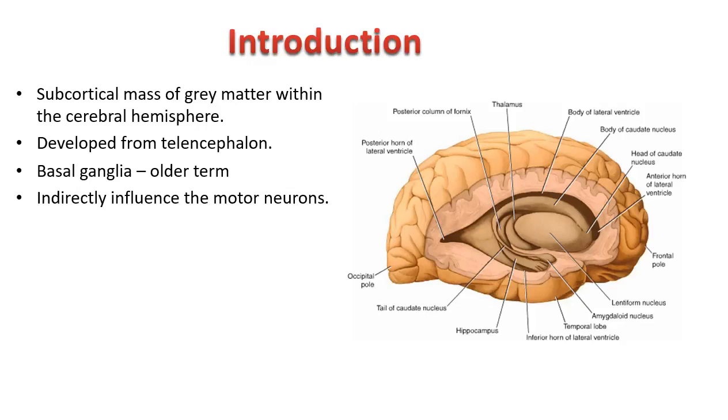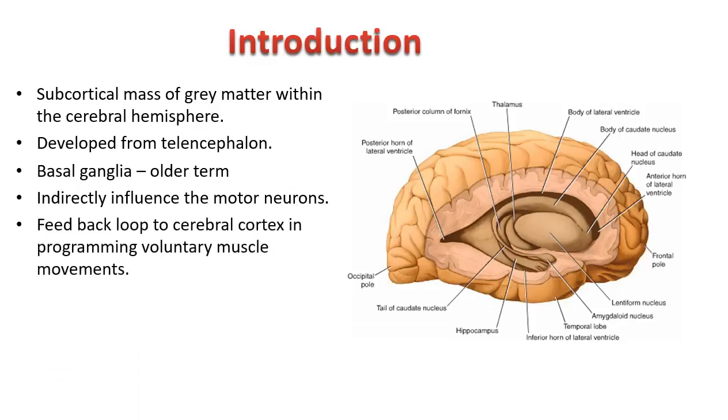Not only that, they can also directly influence the motor neurons, through the midbrain and brainstem, especially the midbrain and pons, through the reticular formation. Through that, they can also influence the alpha and gamma motor neurons traveling to the spinal cord.